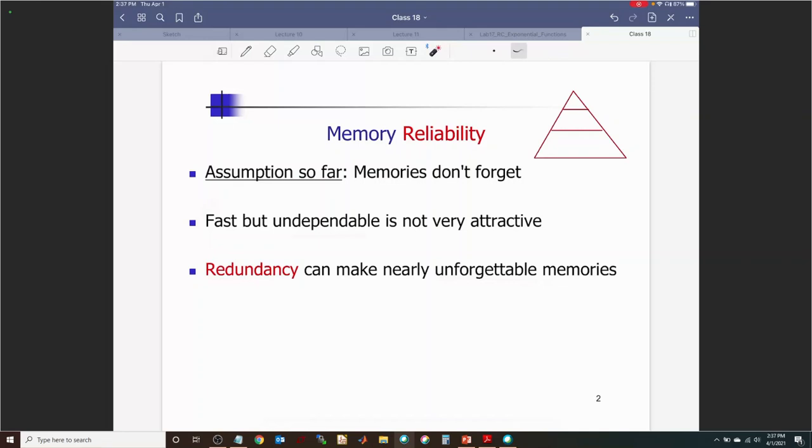Can we correct certain errors? So we will focus on error detection and correction. That's what we are going to be talking about today.